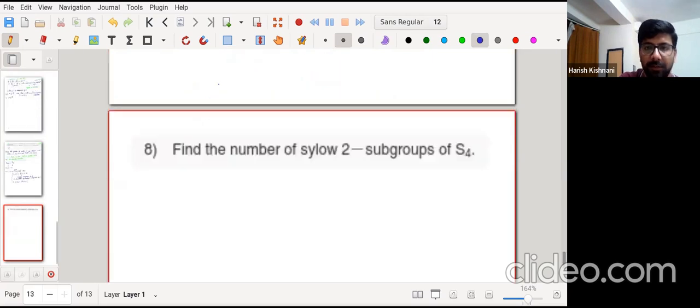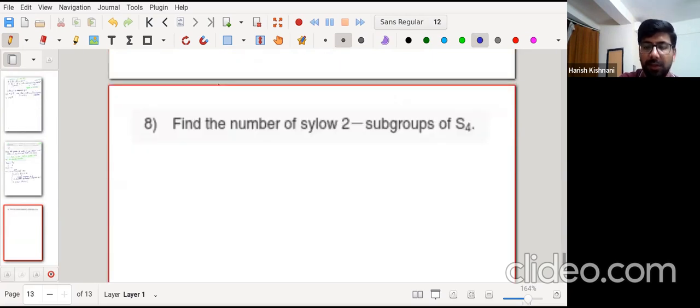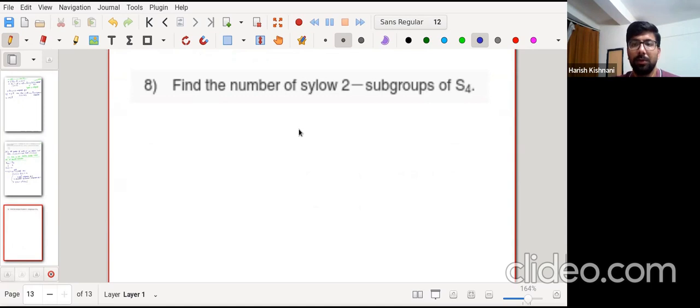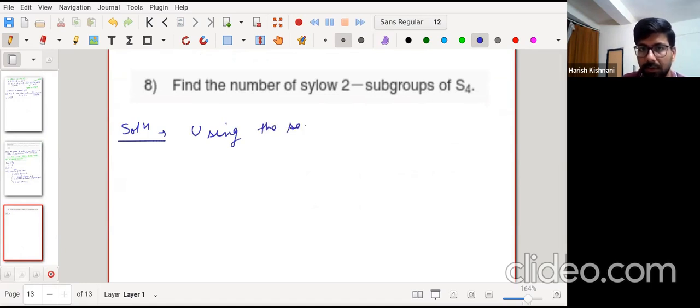Now the smallest question of the day, at least in the number of words: find the number of Sylow 2-subgroups of S4. Using the same ideas, you can see S4 has order 24, so it's 8 into 3.